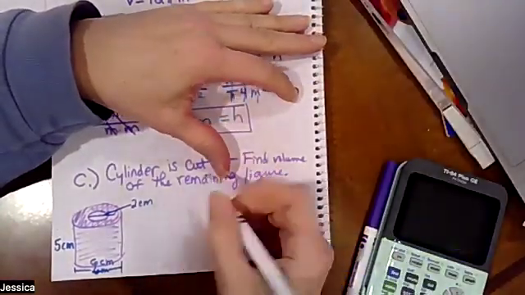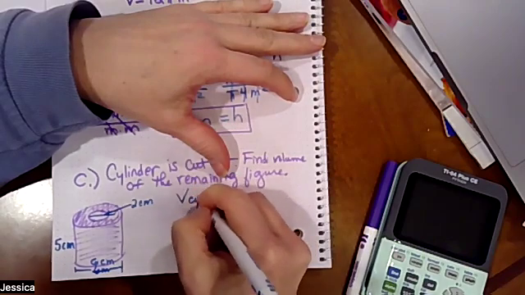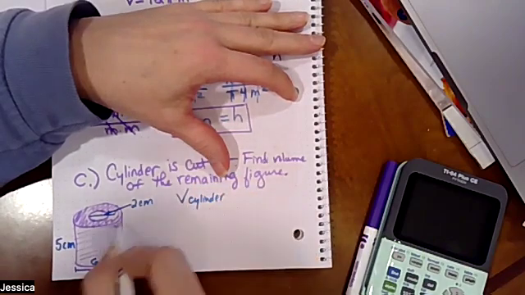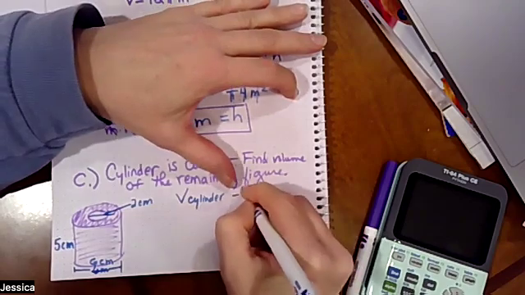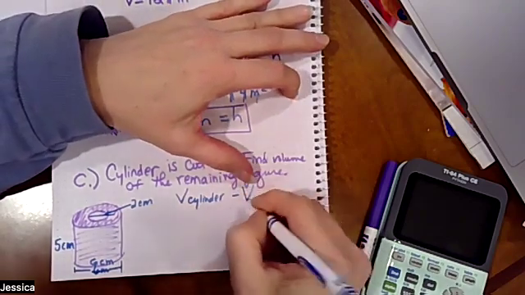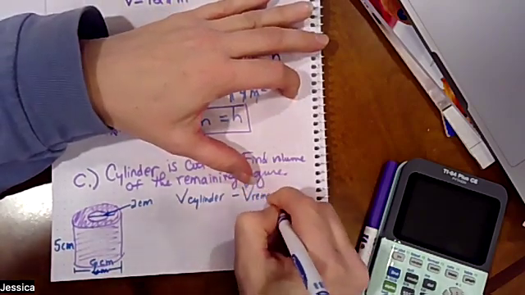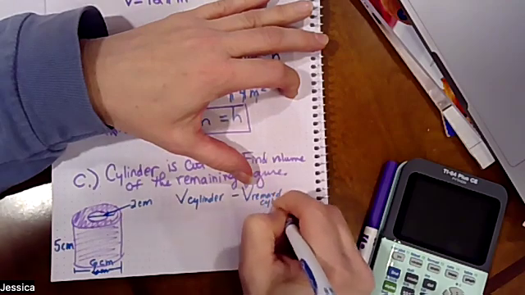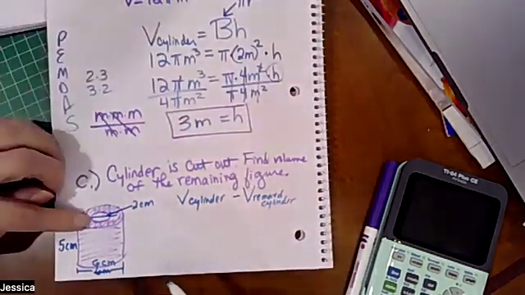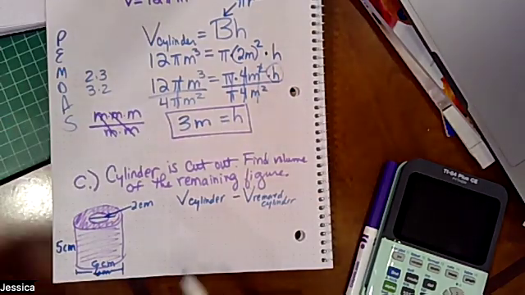We're going to do the volume of the cylinder, the whole thing, and we're going to subtract out the volume of the removed cylinder, right? Because it's also in the shape of a cylinder. Okay, let me get a marker that works.